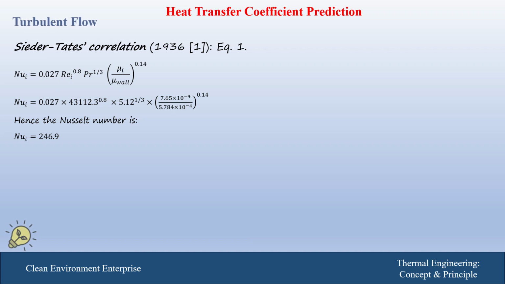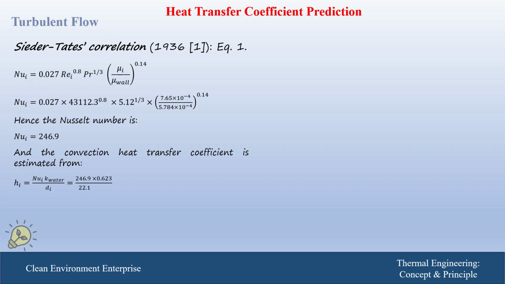With the definition of the Nusselt number, we may get the convection heat transfer coefficient of water to be 6,960.1 watt per meter square Kelvin, and this is the final answer by this correlation.